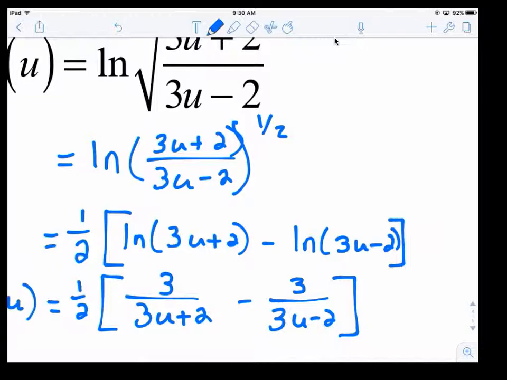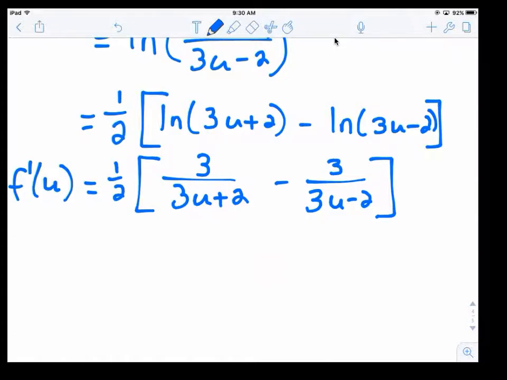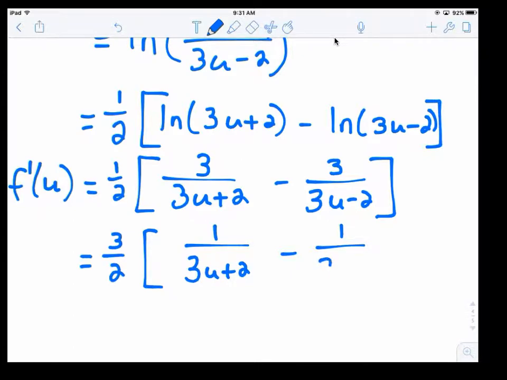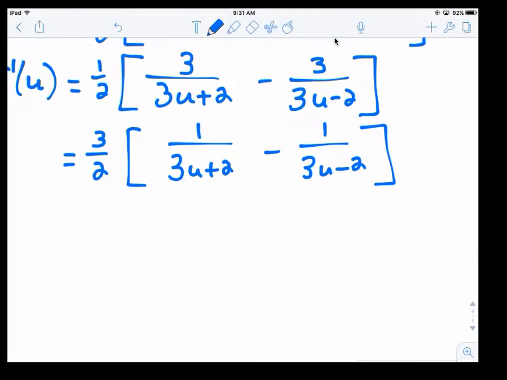Okay, can I take anything out? What do they both have in common? They have 3, right? So I have 3 over 2. Now I have 1 over 3u plus 2 minus 1 over 3u minus 2. All right, what I want to do is try and make that one term.